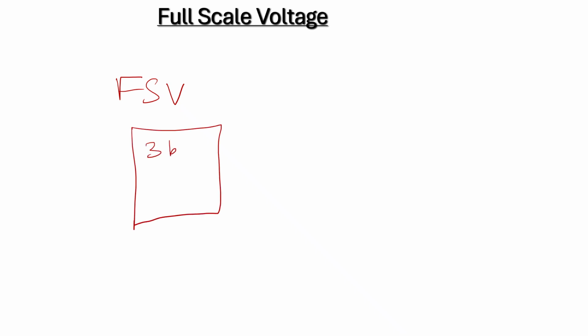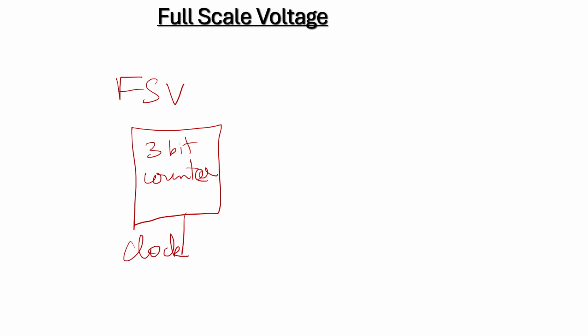The full scale voltage, in short, we call it FSV. Full scale voltage is the output voltage of the DAC when the maximum value of the digital inputs is applied. So here, for example, if we take a 3-bit counter, a digital circuit counter counts the values when a clock pulse is given.